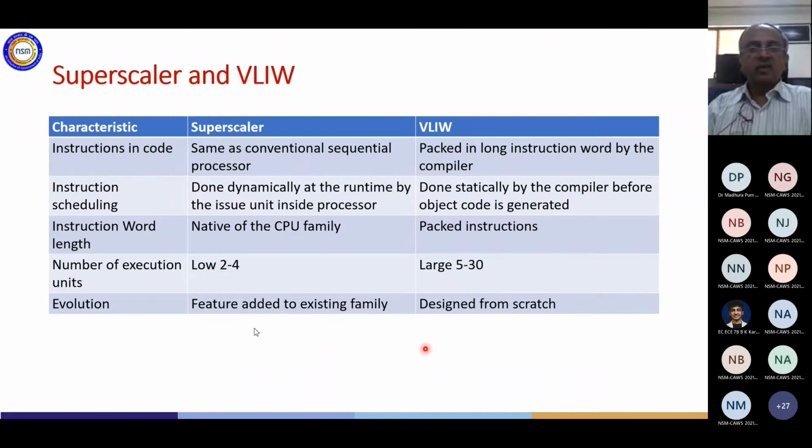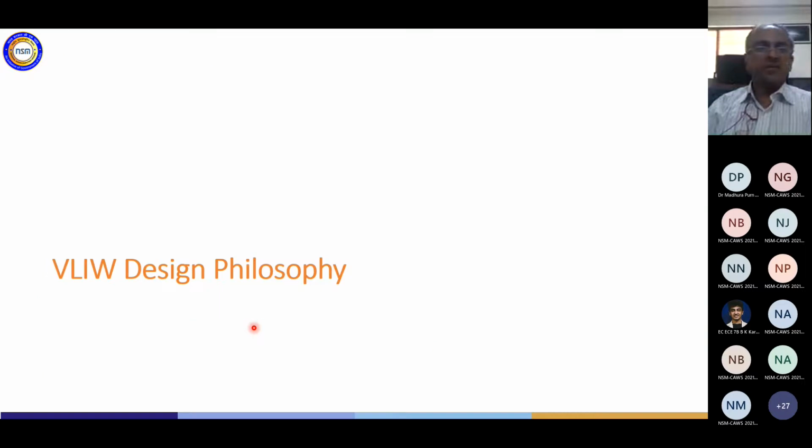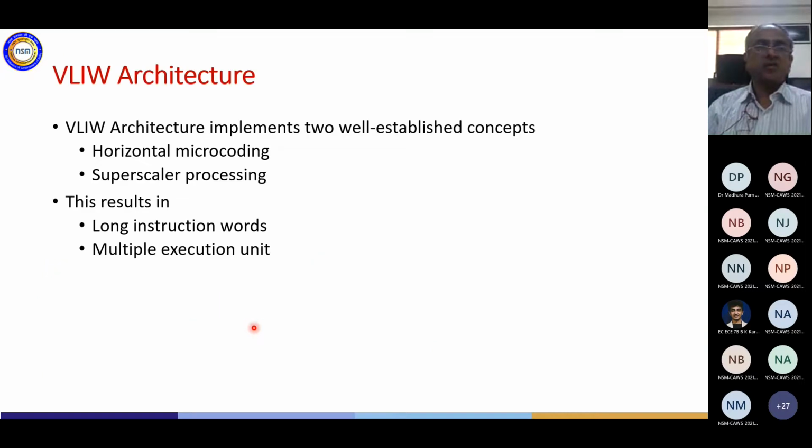Okay. So moving ahead, what is the design philosophy? VLIW architecture implements two well-established concepts which were existing. It just marries the two. The first is horizontal microcoding, which has resulted in the long instruction word. Now you will ask what is microcoding?